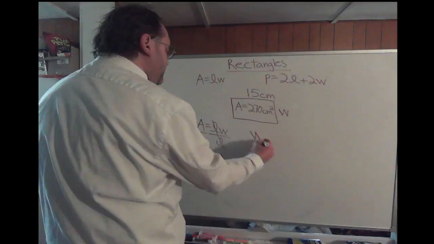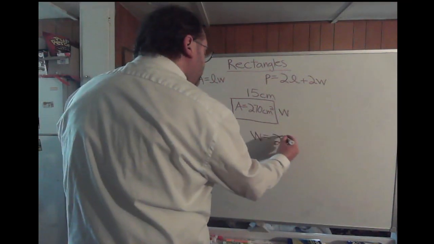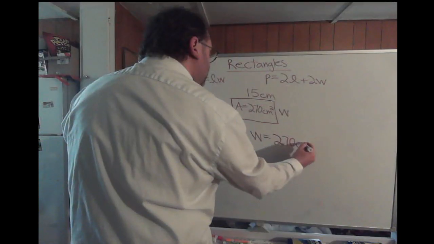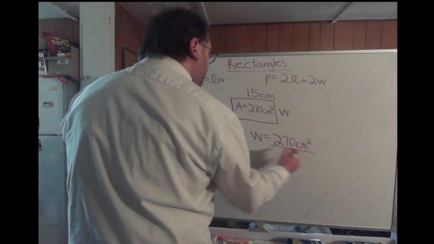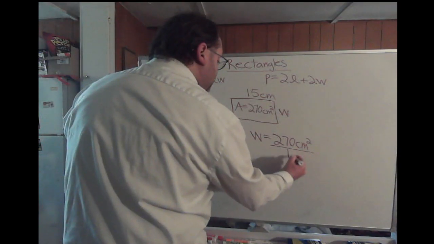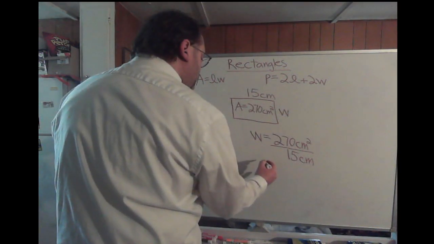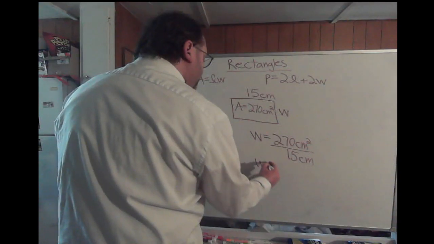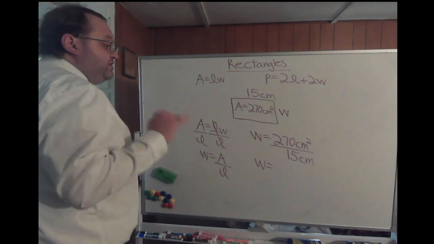So we have the width is equal to the area, which in this case is 270 centimeters squared, over that length, which is 15 centimeters. So the width, well, let's figure out what 270 divided by 15 is.